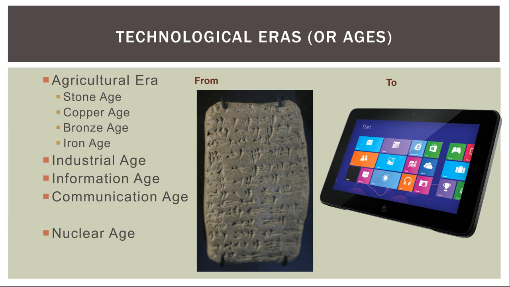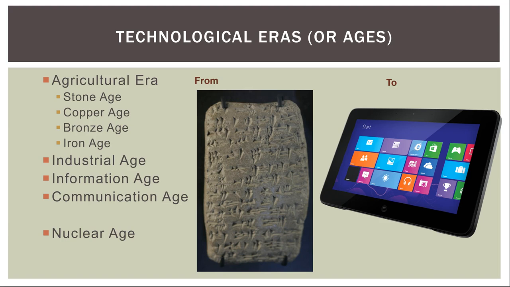We start looking at our technological eras basically with the agricultural era. We're thinking about 10 to 12,000 years ago, and everything before that is Paleolithic, or prehistoric. The agricultural era can be divided up into the Stone Age, Copper Age, Bronze Age, and Iron Age.